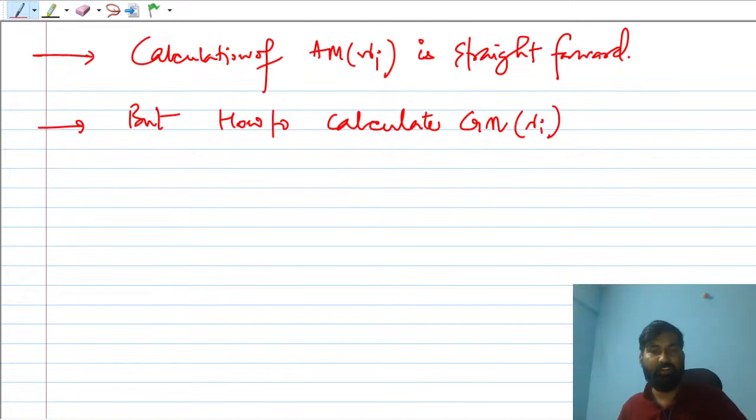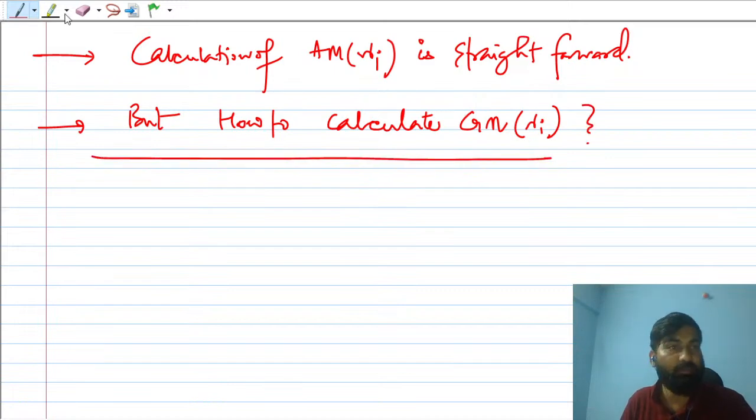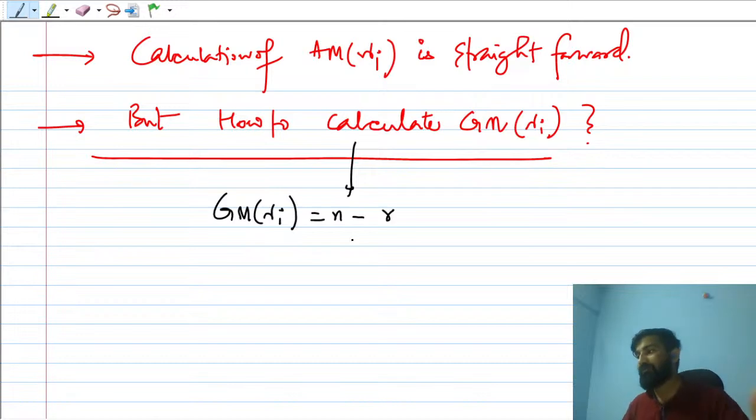Lambda I means there are different lambdas, I can be 1, 2, 3. So how to calculate GM of lambda I? That is the big question. So I'm giving you a very easy, very simple way of calculating this. What you have to do here is: GM of lambda I will always be n minus r.